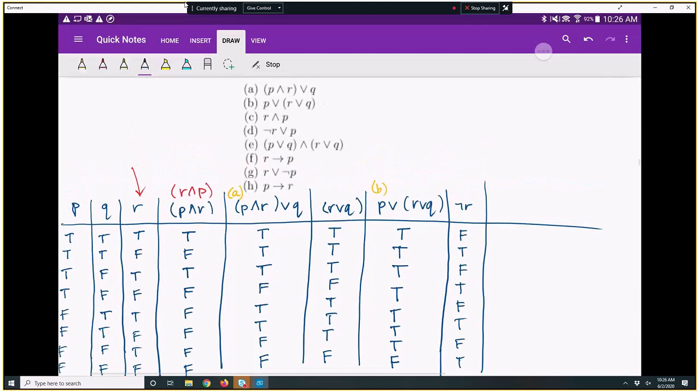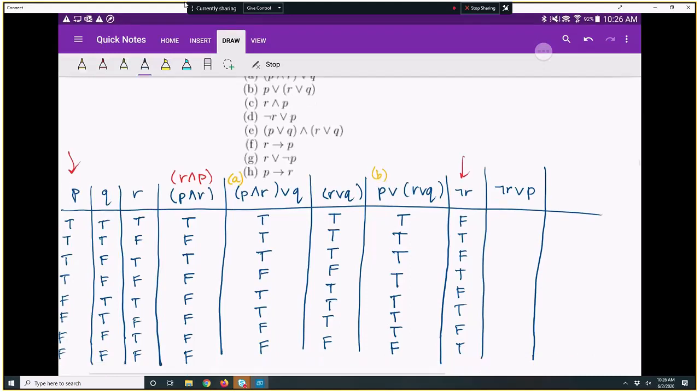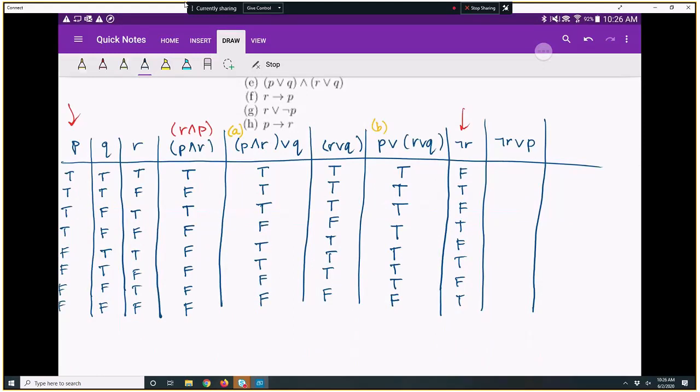Then not R or P. I'll look at P and I'll look at not R. Since I have disjunction, or, I'm just looking for one true in order to say that it's true.